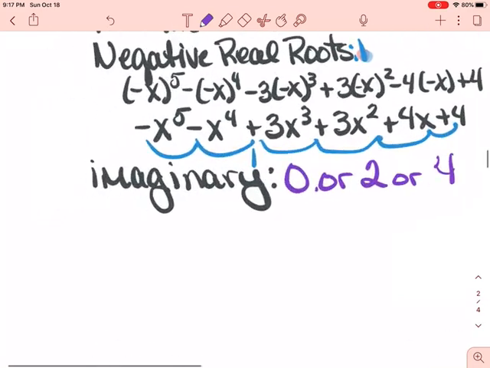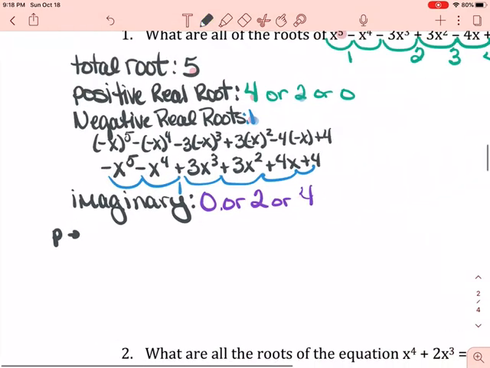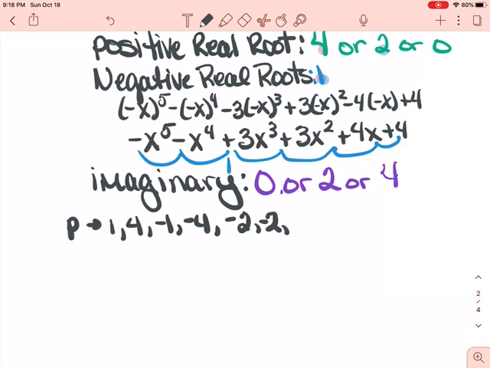Okay? All right, let's talk about our P and Q. P, remember, is the factors of the last term. So our factors of 4 are 1 and 4, -1, -4, -2, and +2.